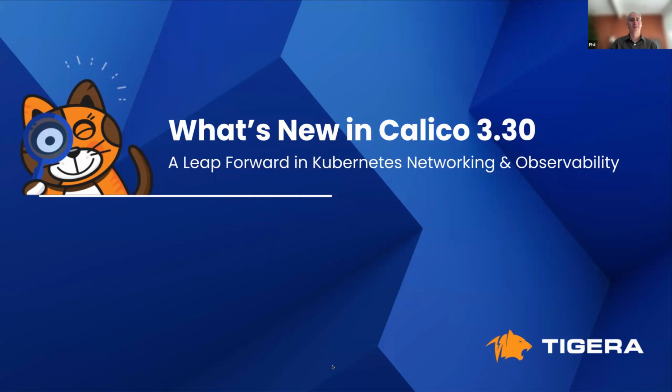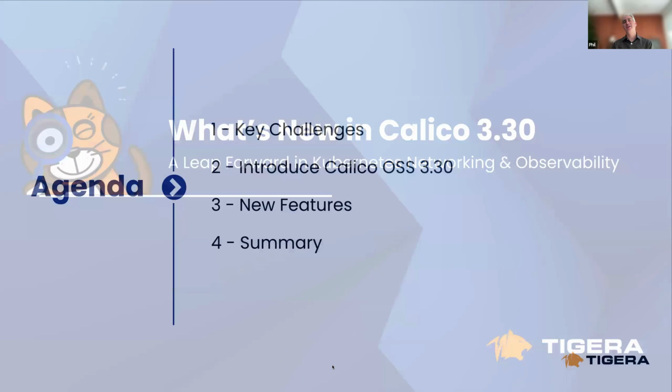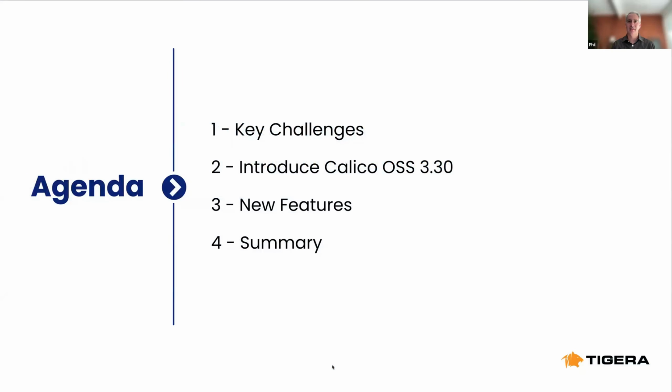Cool. All right. Just in terms of the agenda, we're going to first level set and talk about some of the key challenges that we've heard from users over the years, and some of the feedback that we've gotten from the community that's really helped inform a lot of the new features and new capabilities within Calico 3.30.